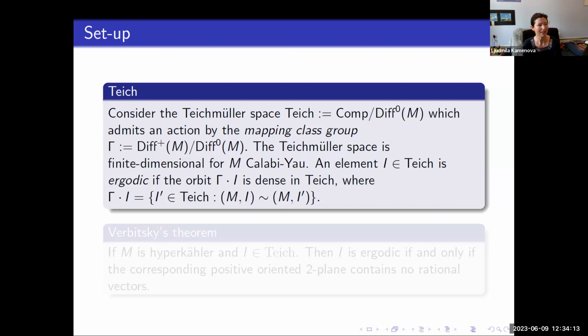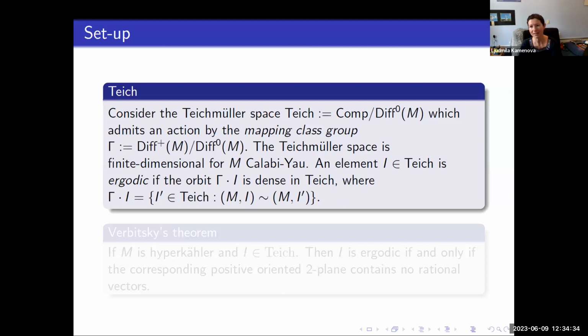So for Calabi-Yau manifolds and for hyperkähler manifolds, the Teichmüller space is finite dimensional. And let's consider the hyperkähler case, because in the hyperkähler case, we have an understanding of this Teichmüller space.